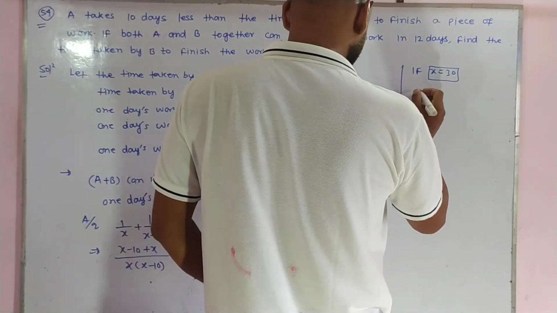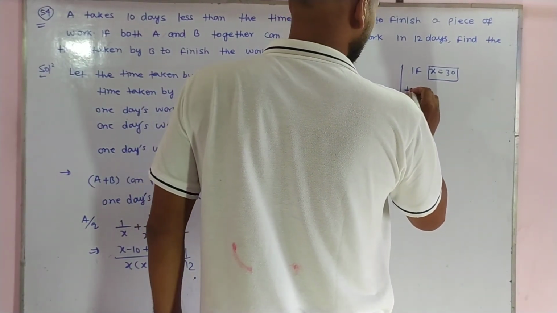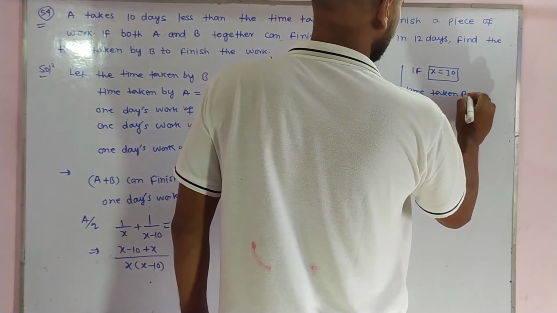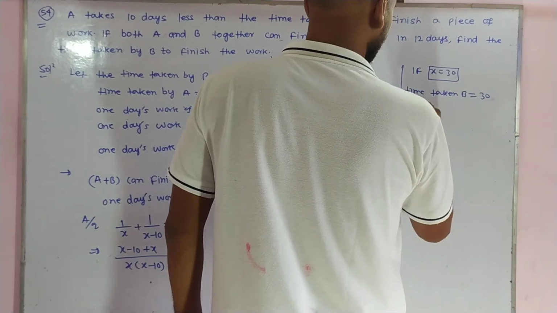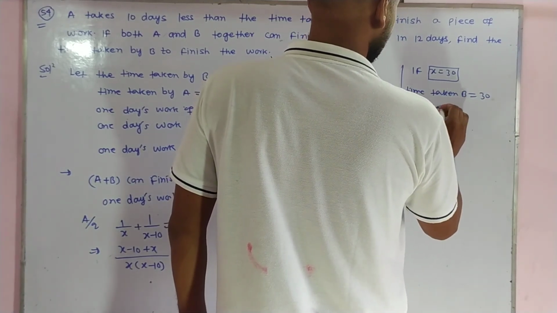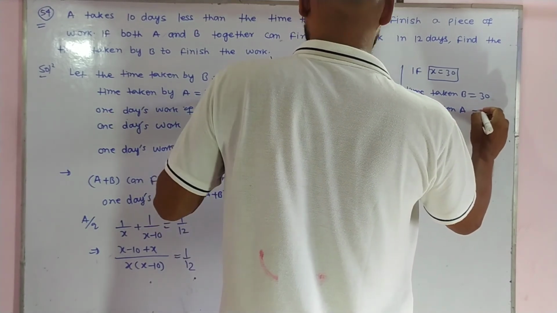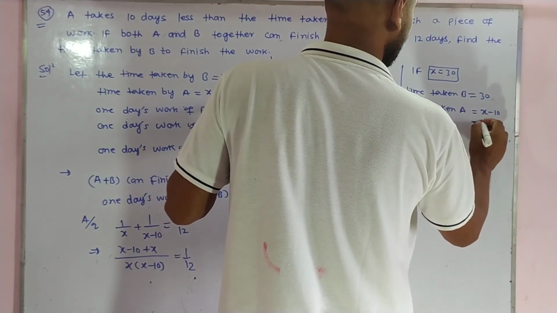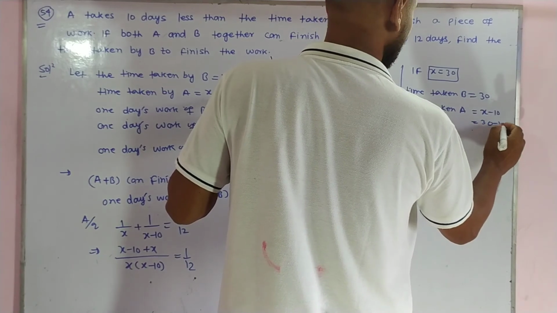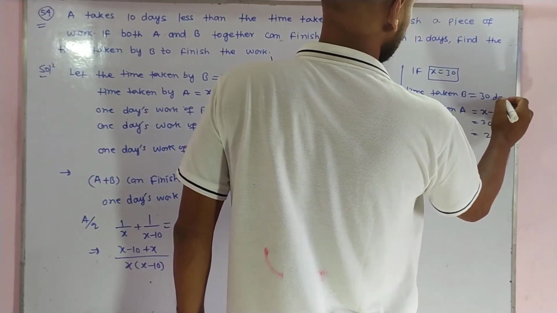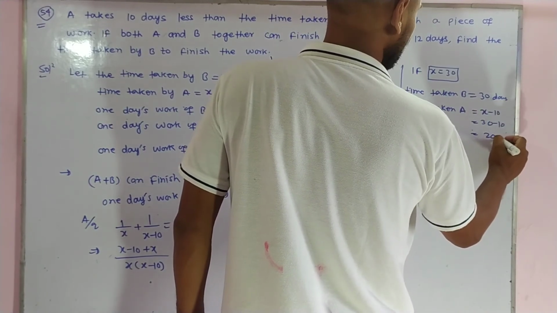If x equal to 30, then time taken by B equal to 30, and time taken by A equal to how much? x minus 10, which becomes 30 minus 10, and it will be equal to 20. Okay, this one 30 days, then it will be equal to 20 days.